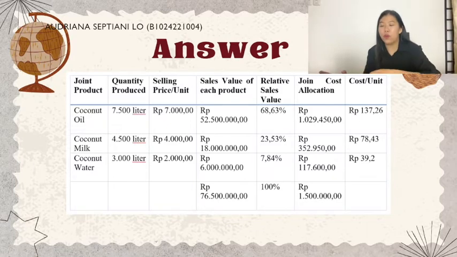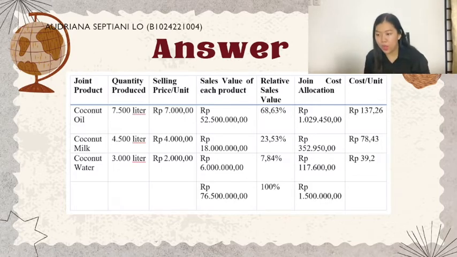It is obtained from the quantity produced multiplied by the selling price per unit. The relative sales value is 68.63%, and the joint cost allocation is 1,029,450 rupiah.